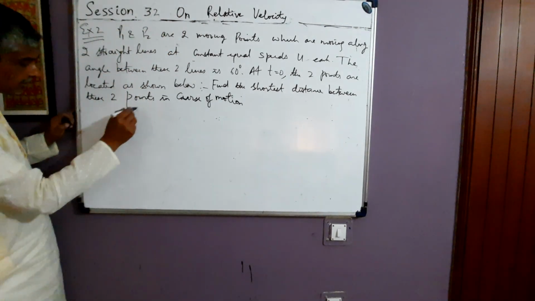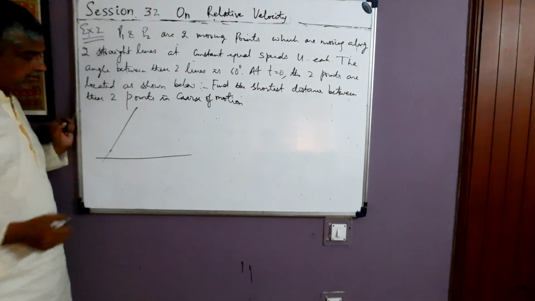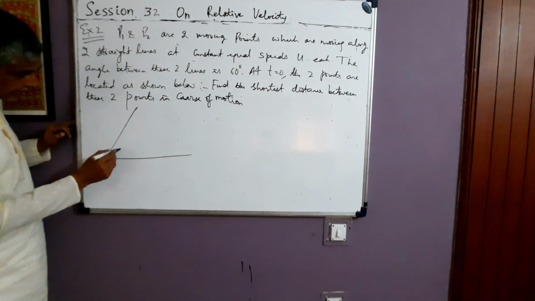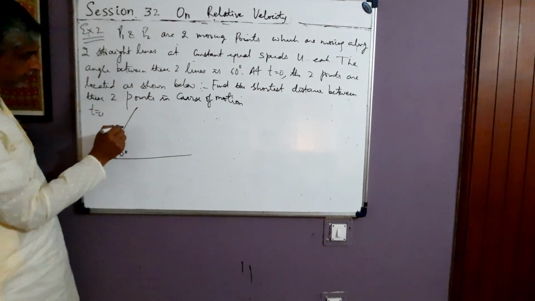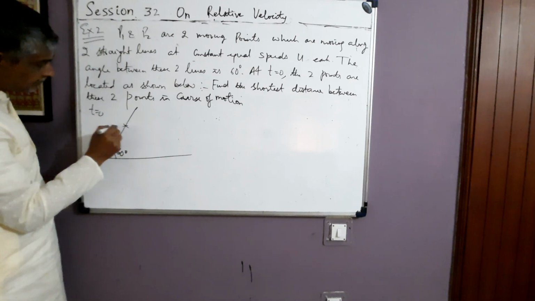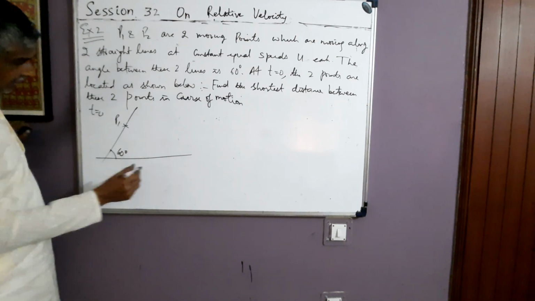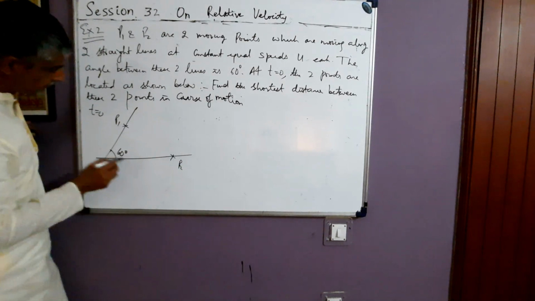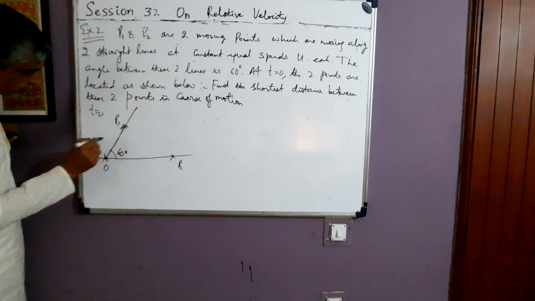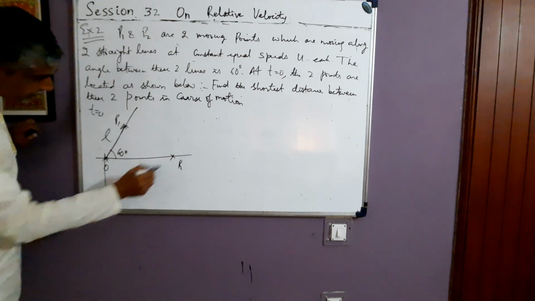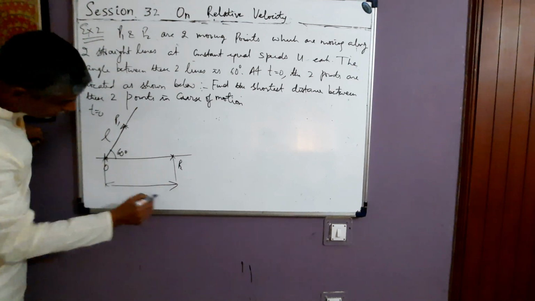So I'll draw the diagram. These are the two lines. Angle between these two lines is 60 degrees. At time 0, P1 is somewhere here and P2 is somewhere here. This is the intersection point O. OP1 is equal to L and OP2 is equal to 4L.